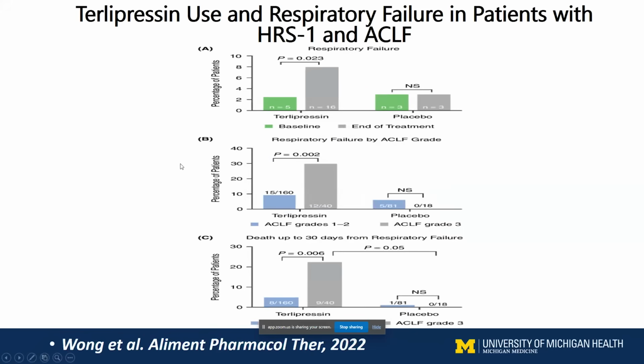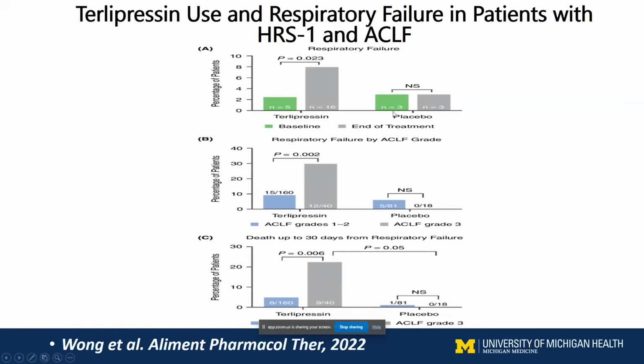They were also looking at respiratory failure. Here, the top graph shows the terlipressin group at baseline. There were 5 patients who had respiratory failure. At the end of the study, 16 patients in the terlipressin group had respiratory failure.